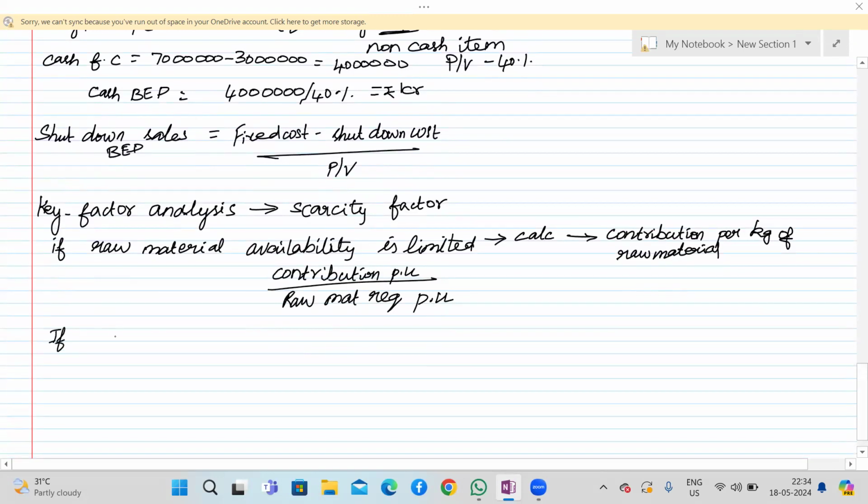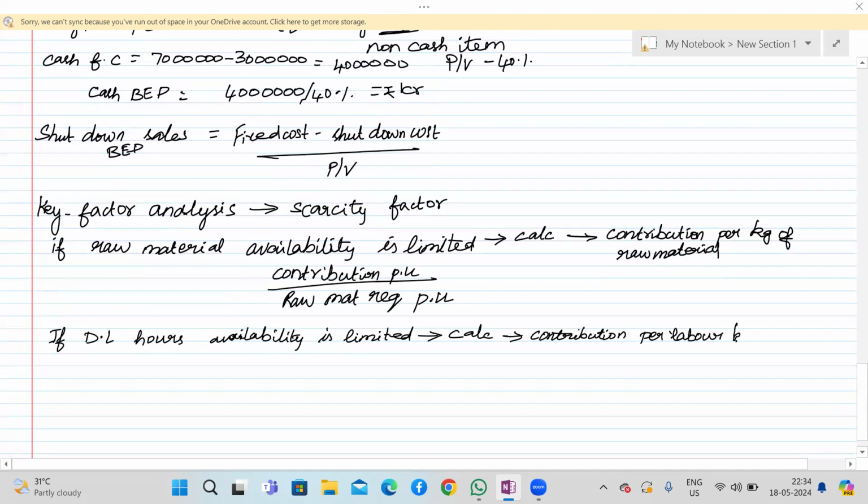If direct labor hours availability is limited, then calculate contribution per labor hour.